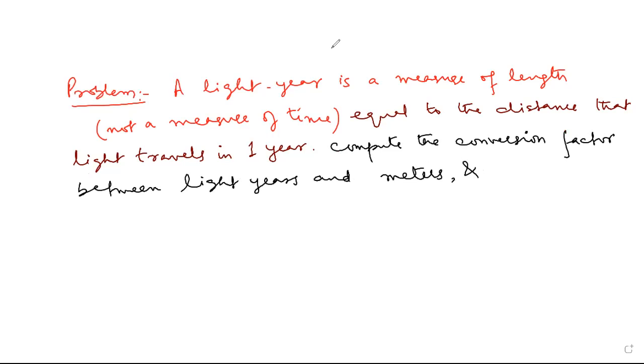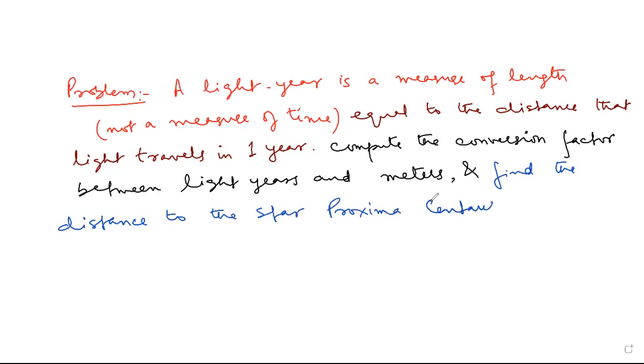And the second part of the problem says find the distance to the star Proxima Centauri, which is 4 into 10 raised to the power 16 meters, in light years.